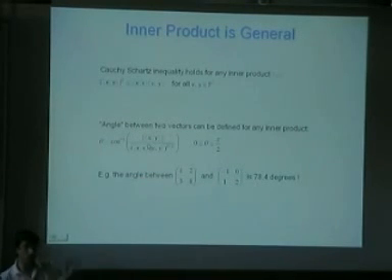I can define an angle between matrices. And if I choose to do it this way, then the angle between these two matrices is simply 0.4 degrees. And in fact, something like this has been used, something called kernel alignment, where you are using the geometric properties of the inner product to describe how aligned or how lined up things are.